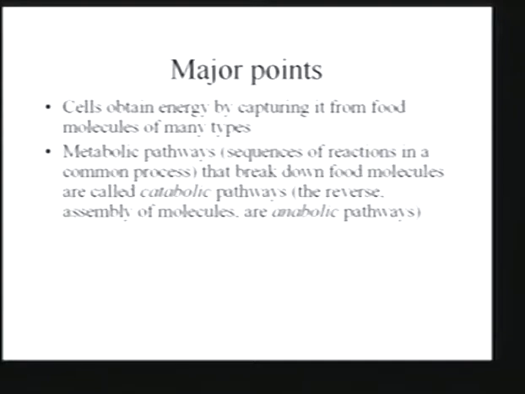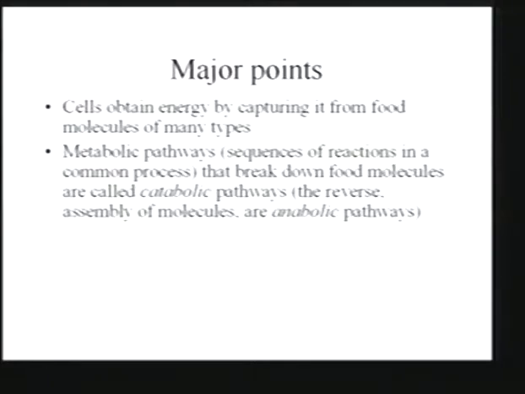There are a number of metabolic pathways that will be described in this chapter, and just to define a metabolic pathway, we can say it's a sequence of reactions for some common process. For example, the set of reactions that are used to break glucose down into carbon dioxide would be a metabolic pathway.